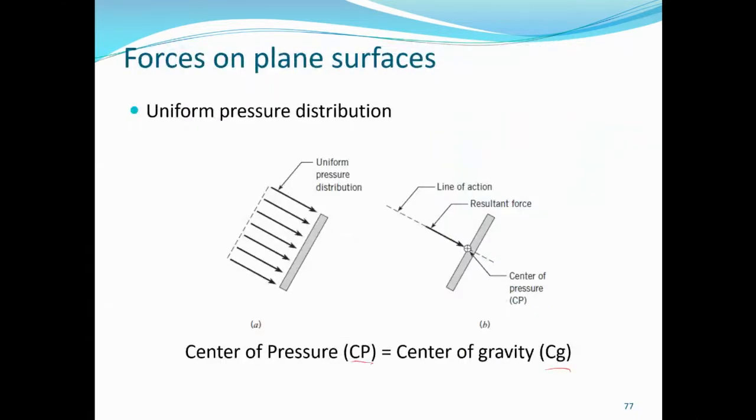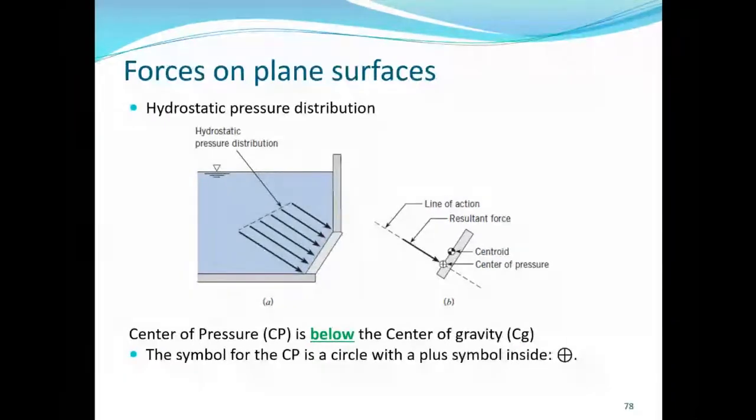And the line of action of the resultant force passes through the centroid. For a vertical plate and inclined plate, this is not the case, and this we are going to see later. So now, forces on plane surfaces.